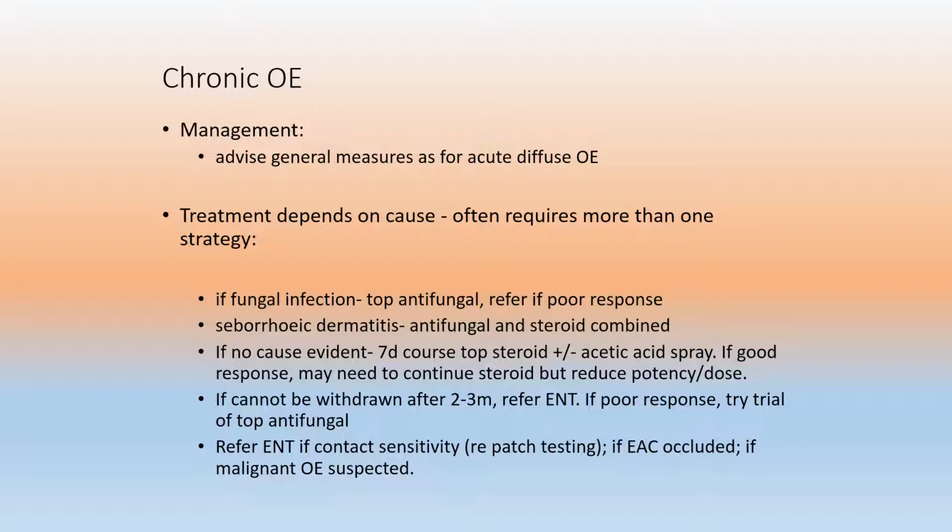Seborrheic dermatitis: antifungal and steroid combined. If no cause is evident, give a 7-day course of topical steroid, plus or minus acetic acid spray. If good response, may need to continue the steroid but reduce potency and dose. If it cannot be withdrawn after 2 to 3 months, refer to ENT.